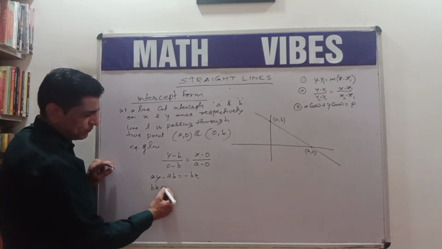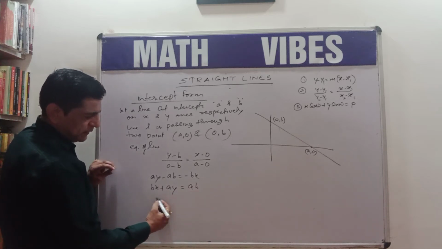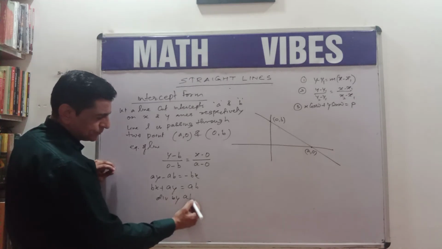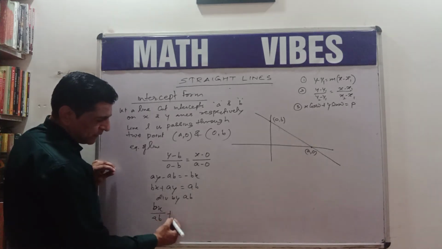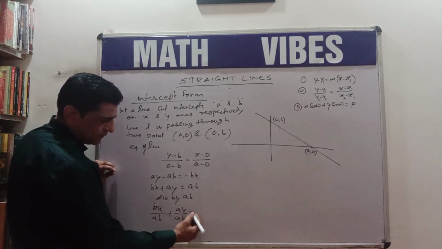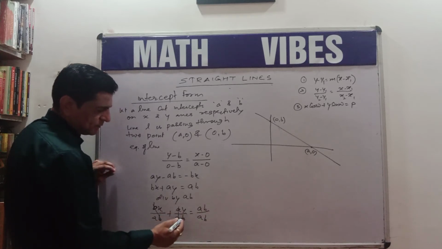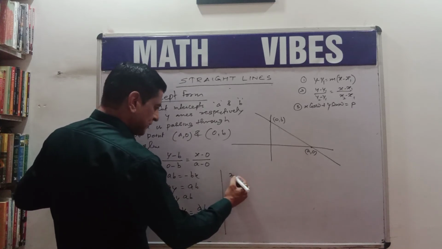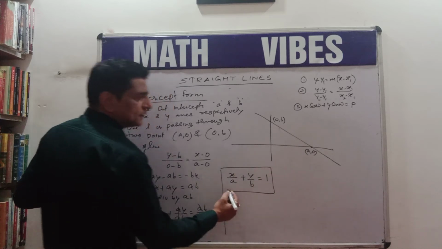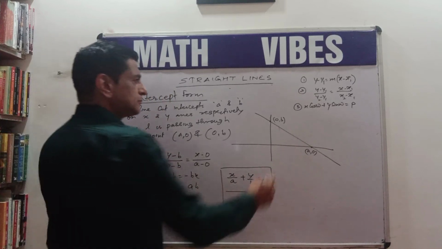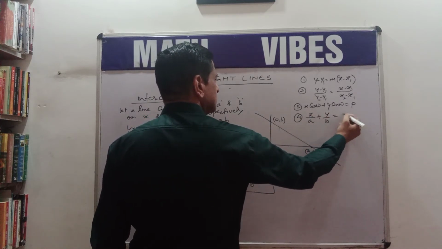Rearrange, bx plus ay is equal to ab. Divide by ab: bx by ab, ay by ab, ab by ab. So the equation of line in intercept form is x by a plus y by b equal to 1. This is the fourth form of equation of line.